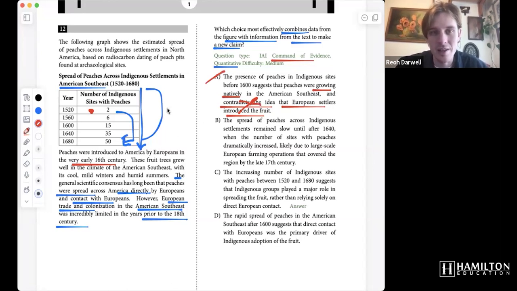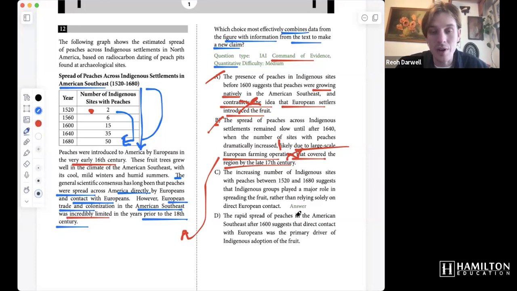The text directly contradicts that. How do we see what's wrong with B? Everything up until this point is true. However, is there anything that supports this in the text? Large-scale European farming operations covered the region by the late 17th century. No, we know that's directly contradicted by this right here. So we can get rid of B.